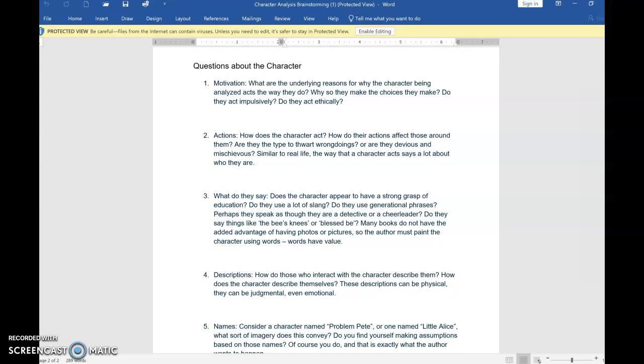So just jot down a few sentences for each of these to answer these questions. And the questions are about motivation, actions, what do they say, descriptions, names, etc. So just jot down some ideas there to help you get started thinking about details that you can use in your character analysis essay.